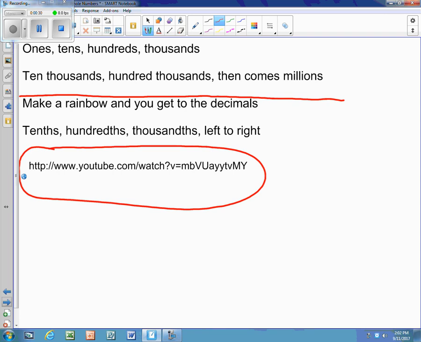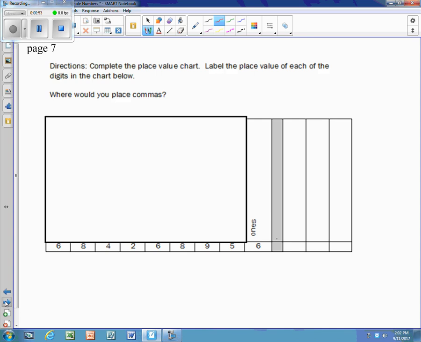But we're just going to start with ones, tens, hundreds, thousands, 10,000s, 100,000s, then comes millions. And if you learn that part of the song, it will help you with the whole number place value. Once again, it's ones, tens, hundreds, thousands, 10,000s, 100,000s, then comes millions. So we're going to use that information to help us right now.